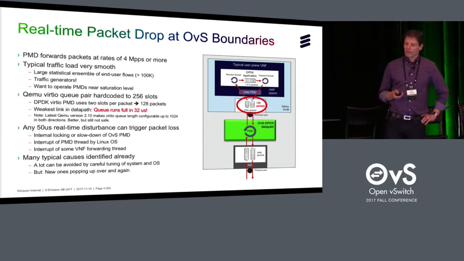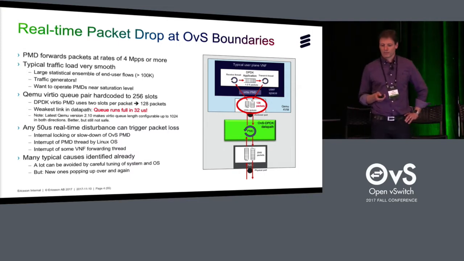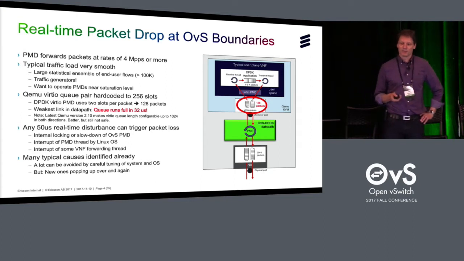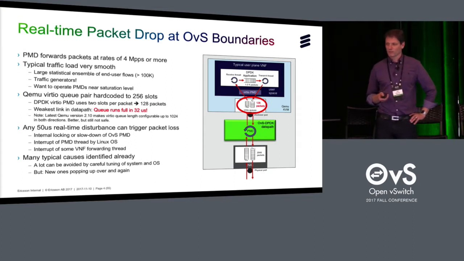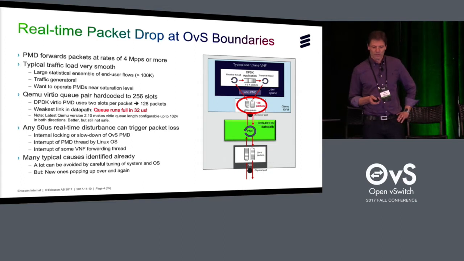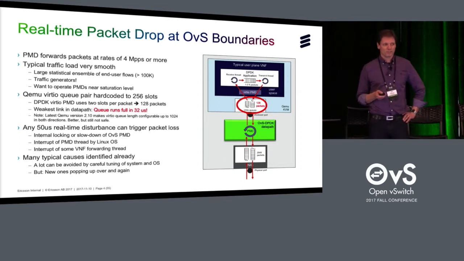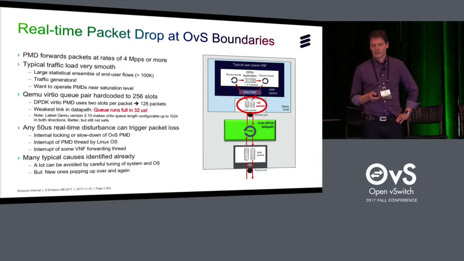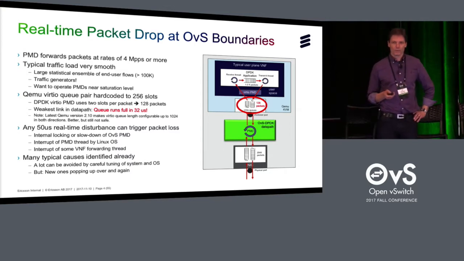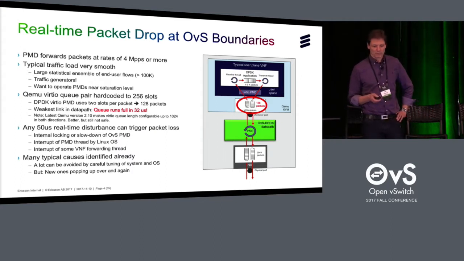That means we have 128 packet queues here. With 4 million packets per second, you can see that it takes roughly 32 microseconds for this queue to run full, which makes the whole system extremely vulnerable to real-time disturbances. Any real-time disturbances in the order of 50 microseconds can cause queue overruns and then packet drops.